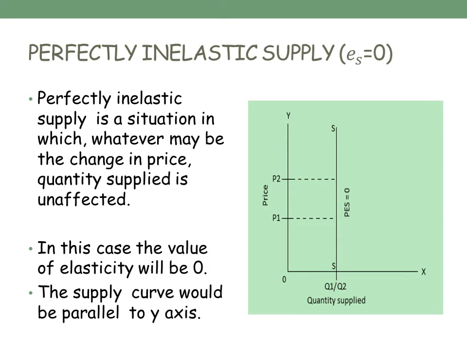And the supply curve would be parallel to the y-axis. Under perfectly elastic supply, it was parallel to the x-axis, but under perfectly inelastic supply, the supply curve would be parallel to the y-axis.